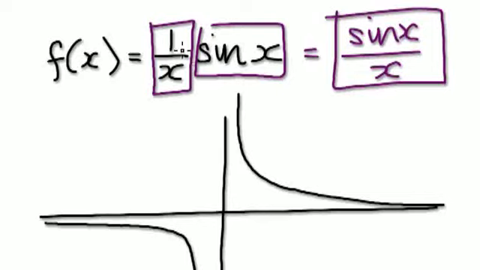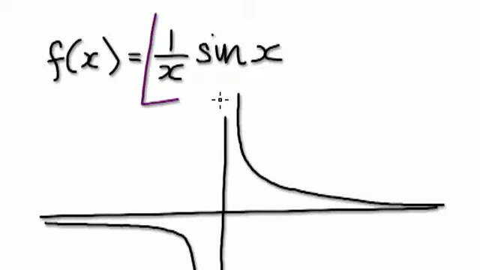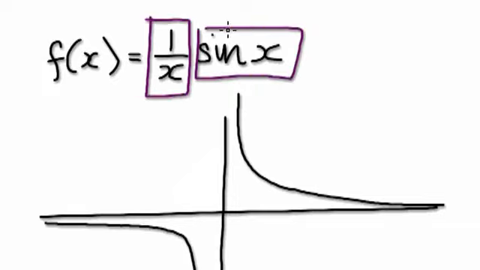So to really understand this function, we start out by visualizing it as this. We've got one thing multiplying this thing. Now this block, 1 over x, is given by this graph. Remember, your 1 over x graph will look something like this.